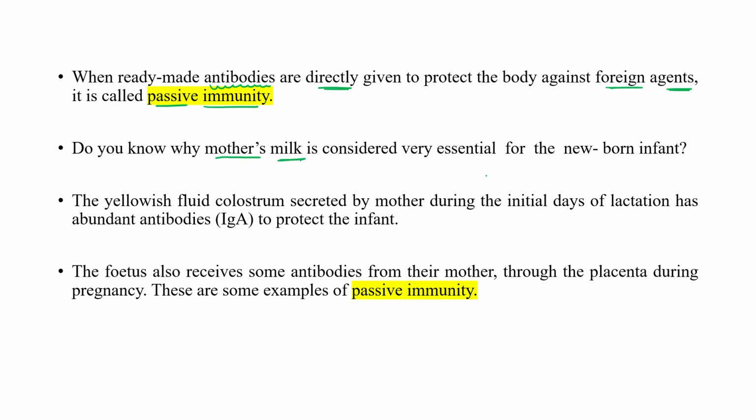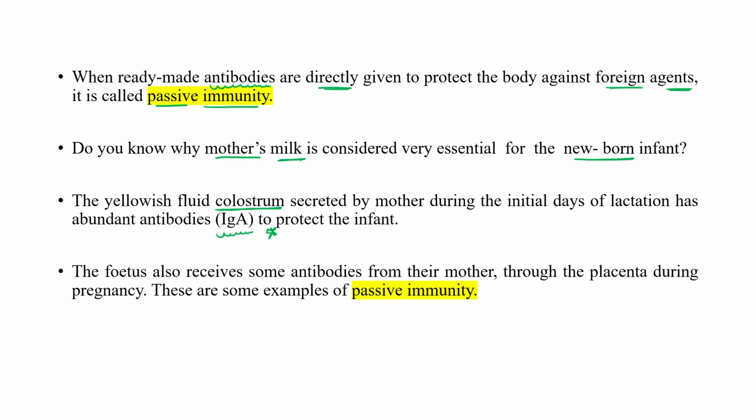Newborn babies achieve this kind of passive immunity from their mother's milk, because during the initial days of lactation this milk contains a yellowish fluid, colostrum, which contains a particular type of antibody known as immunoglobulin A. So direct transfer of antibody from mother's milk to baby occurs in this process. So it is a type of passive immunity.